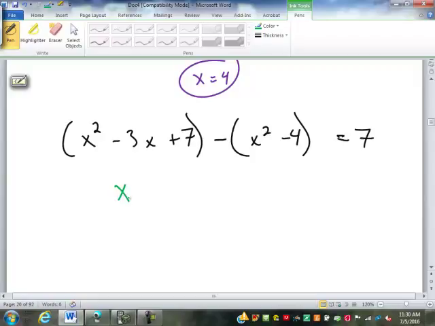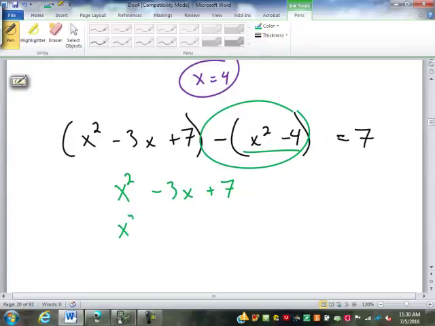This is asking us to take x squared minus 3x plus 7 and subtract the x squared minus 4. Where's the x squared going to go? Under the other x squared, right? Where's the negative 4 going to go? That has to go under the 7, under the other ones.